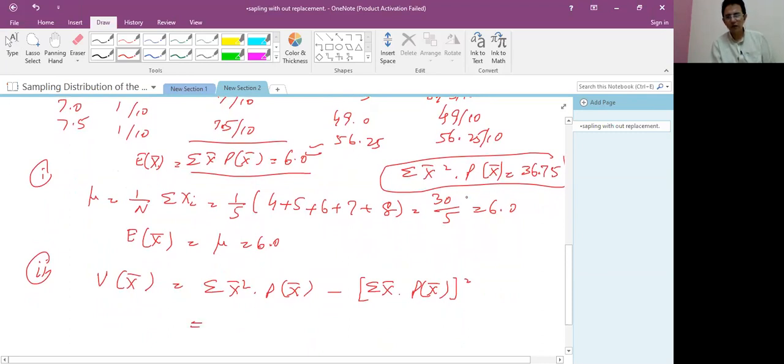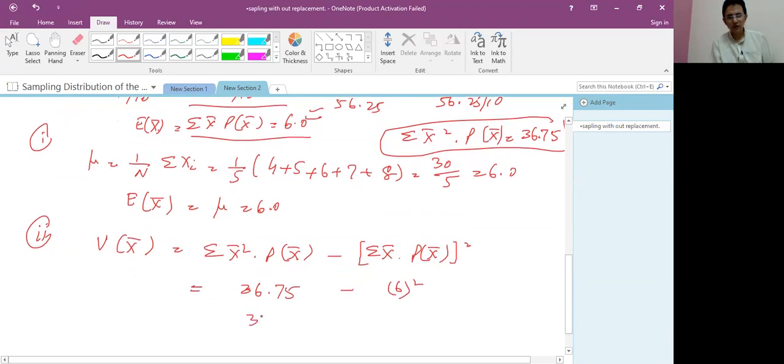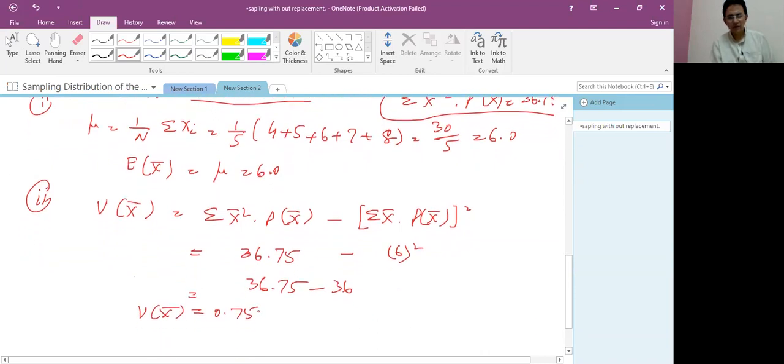So when we put here summation x bar square, it is 36.75 minus 6 square. So 36.75 minus 36, the answer is 0.75. So this is called the variance of the sample mean.